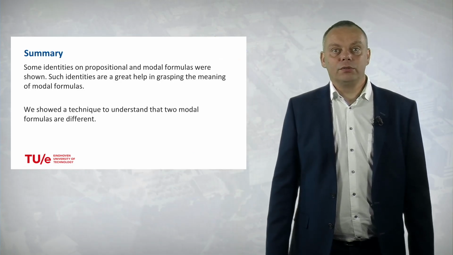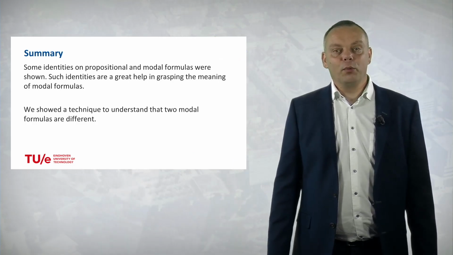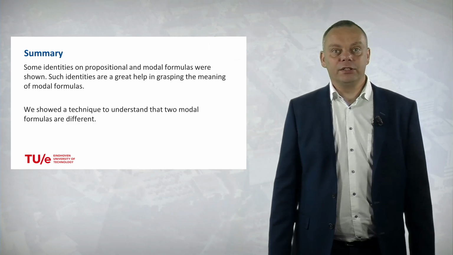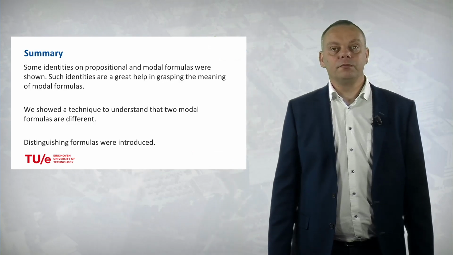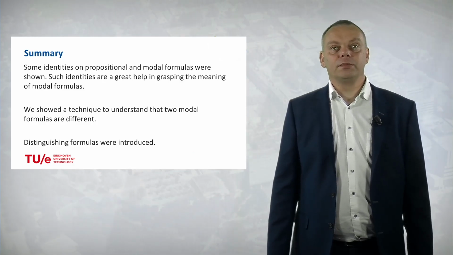We also showed how we can understand that two modal formulas are actually different by giving a transition system showing the difference. And we introduced the notion of distinguishing formulas.